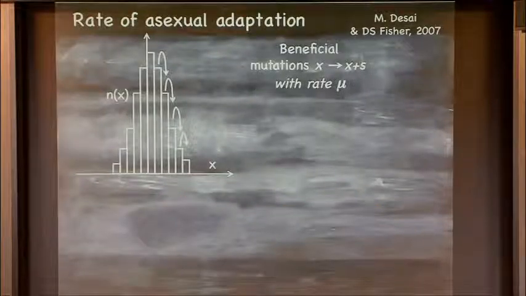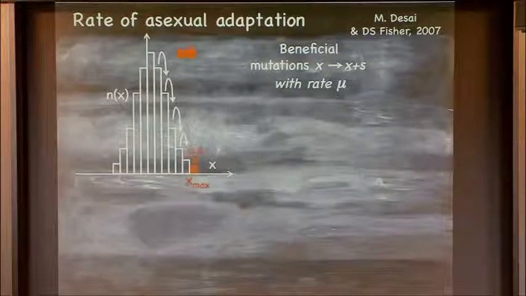So, okay, so let's talk about Oscar's model here, which was worked out by Michael Desai and Daniel Fisher. Daniel, I'm told, was here yesterday. Well, anyway, so let's, for simplicity, say that they're only beneficial mutations and they all have characteristic size. So that basically means that the mutation falling in a given bin can move the offspring one bin to the right.